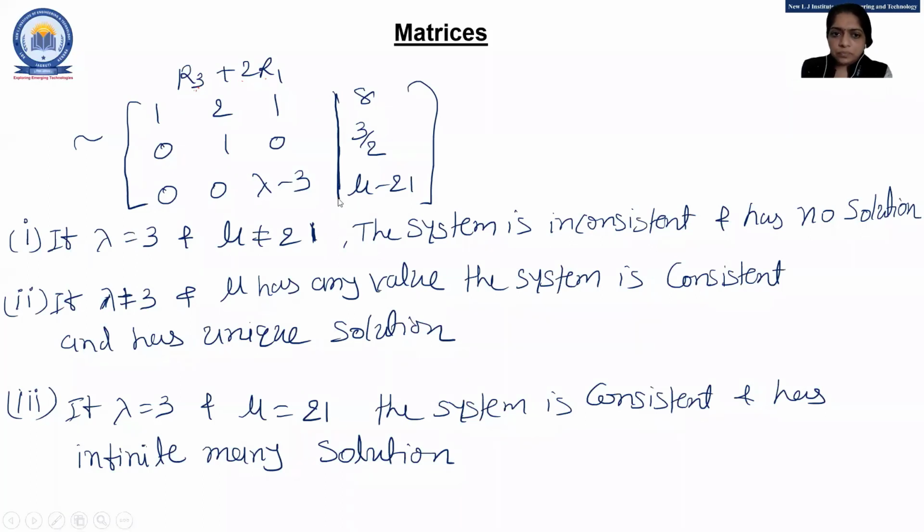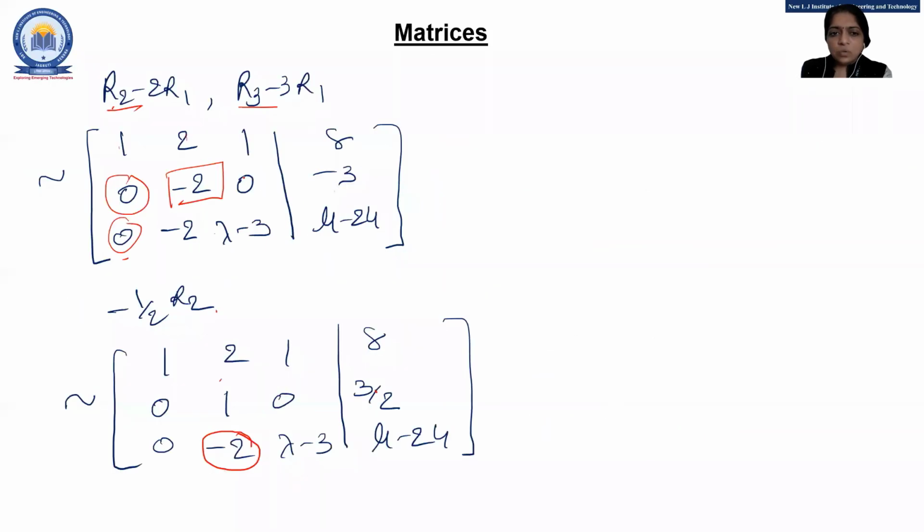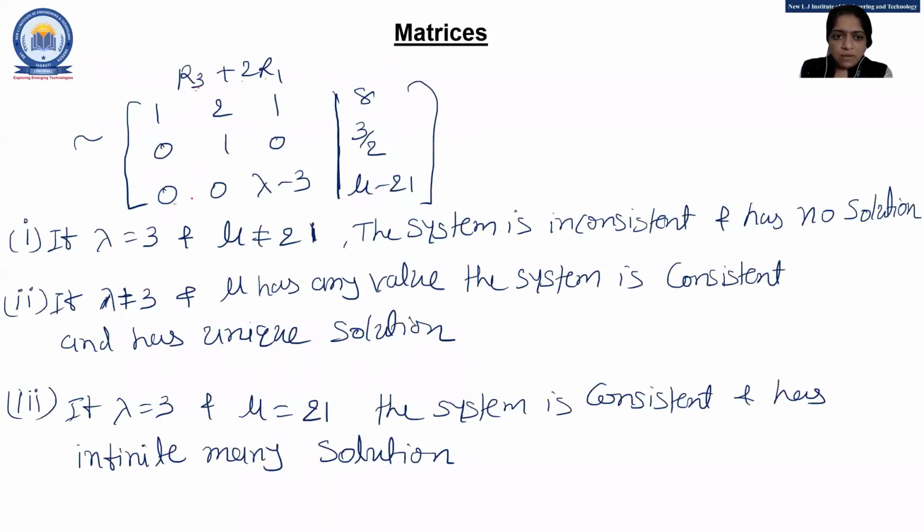Now, this step is really most important. What are the values of lambda and mu for no solution? Students, as per yesterday's lecture, if our left hand side is 0 and right hand side is non-zero, then the system is inconsistent and has no solution. If I put lambda equal to 3, then 3 minus 3 is 0, so my left hand side is 0.